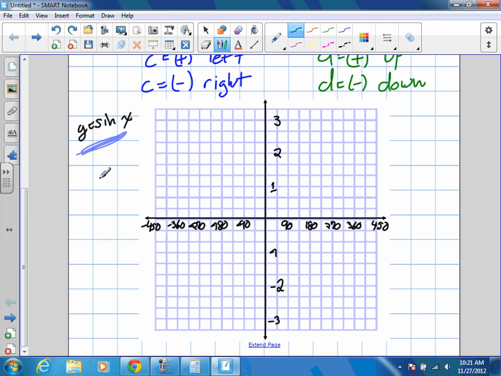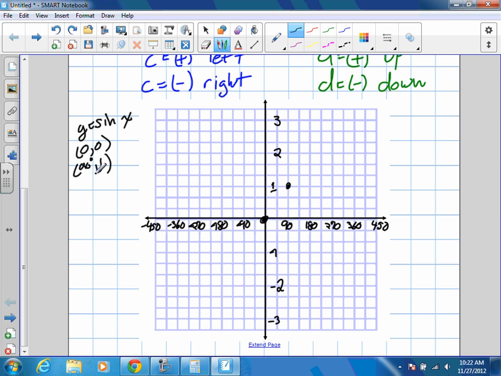I'm at the origin, x equals 0. What's my y value? 0. Okay, so that's one of the major points you need to know for the normal sine function. 0 and 0. Then I'm going to jump to 90. What is my y value when x is 90? 1. Okay? So in other words, I have 90 degrees and 1.